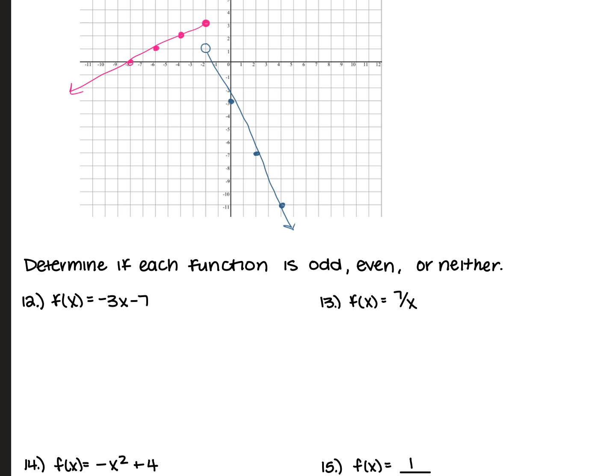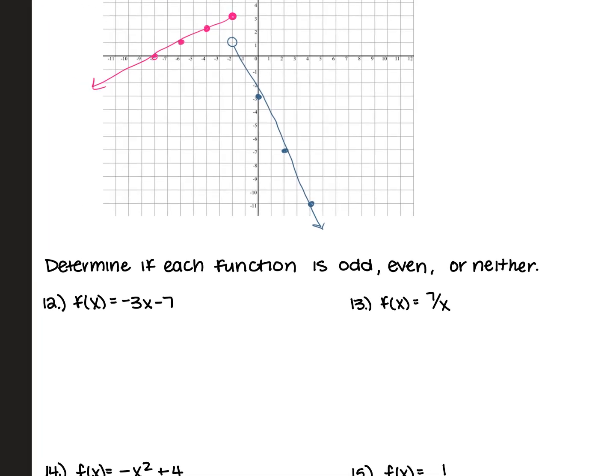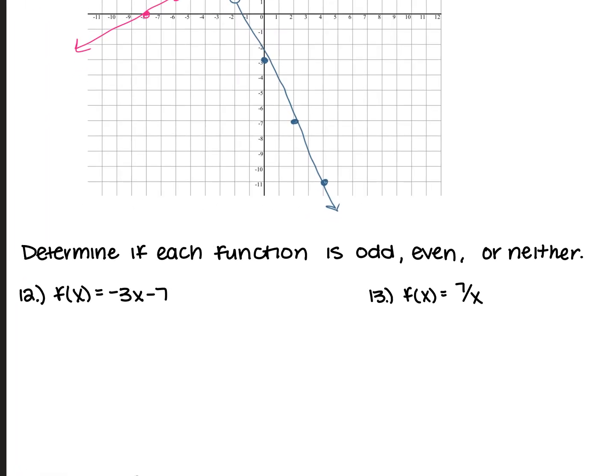So if we look at example 12, we have f of x is equal to negative 3x minus 7. If we first find f of 2, that's going to be negative 3 times 2 minus 7. That gives us negative 6 minus 7, which means that f of 2 is negative 13.